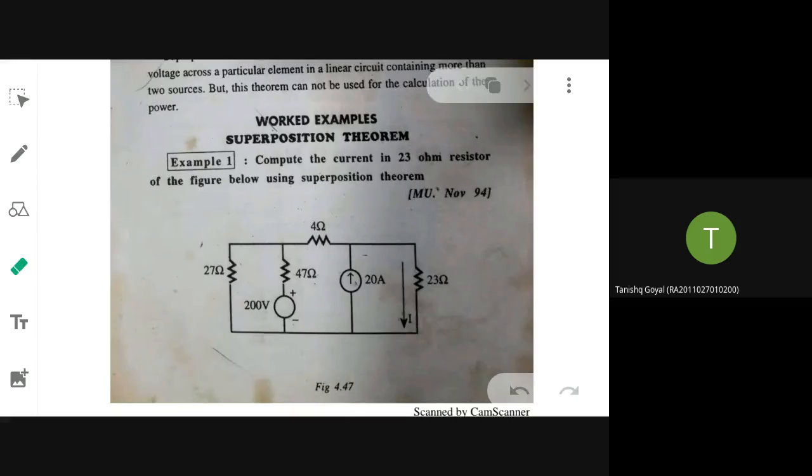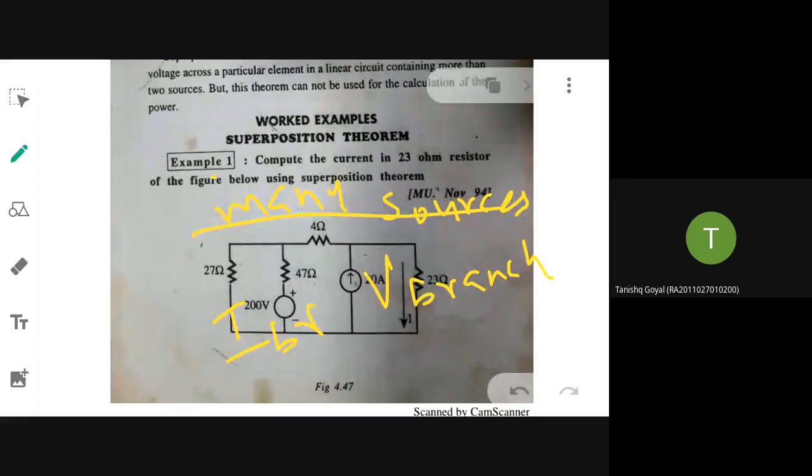So the superposition theorem means whenever a linear active network consists of many sources, and you have been asked to find the current through a particular branch or the voltage across a particular branch in such a circuit, you can analyze case by case.